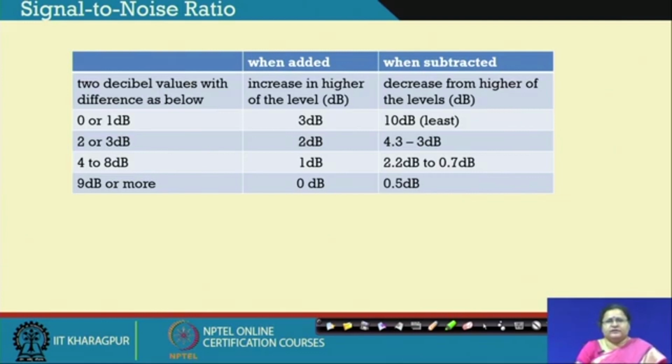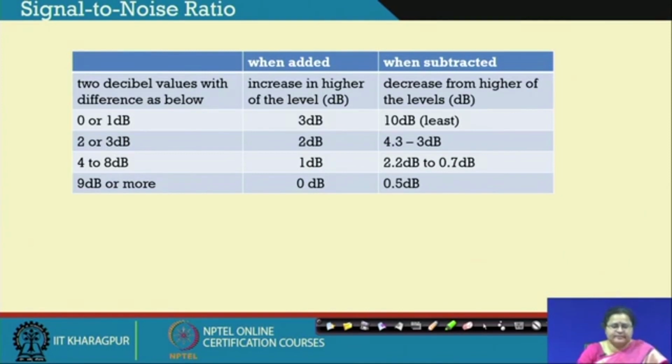Now, I was talking of signal to noise ratio and so many dB, but how to calculate it? That has also been taught by Professor Bhattacharya, but I give you a chart here which will help you in a quicker understanding. Every time you are doing a logarithmic subtraction or a logarithmic addition, keep this table in mind.